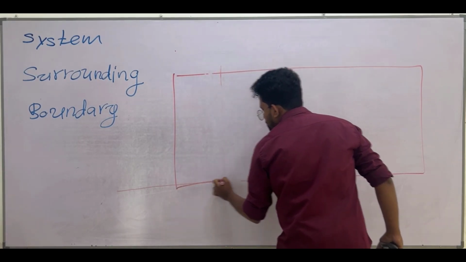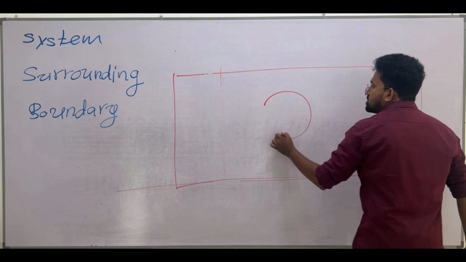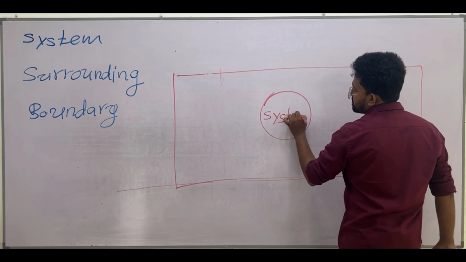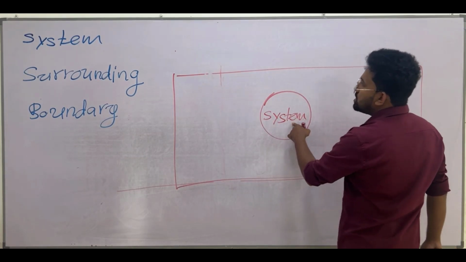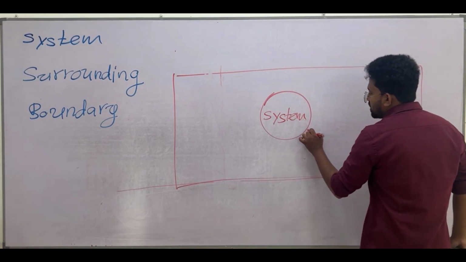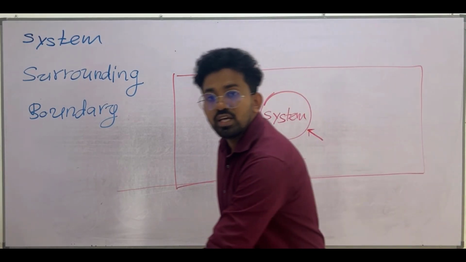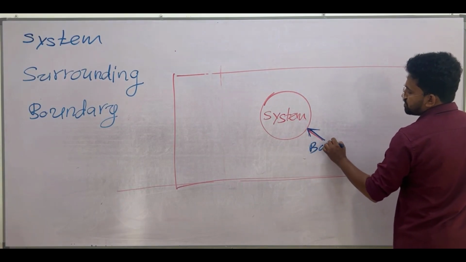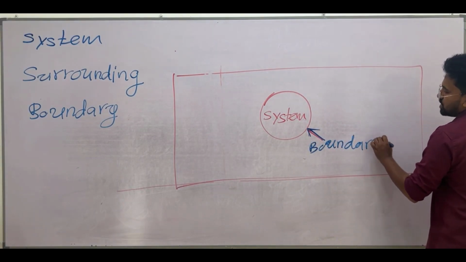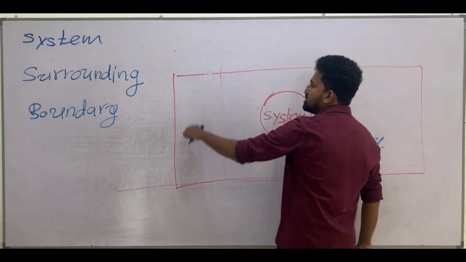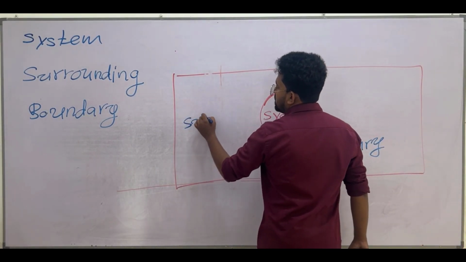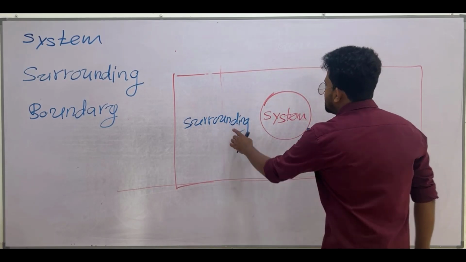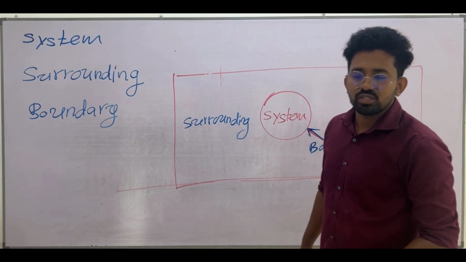Inside the box, you can draw a circle and write that this is our system, and this red circle is our boundary. And all the other things, which interact with the system, are called surrounding.